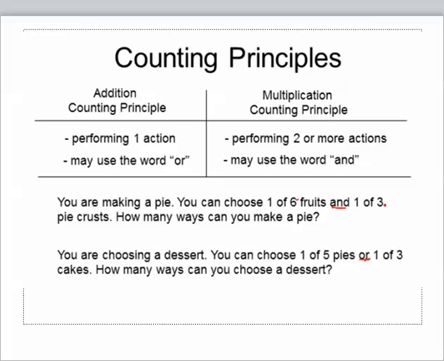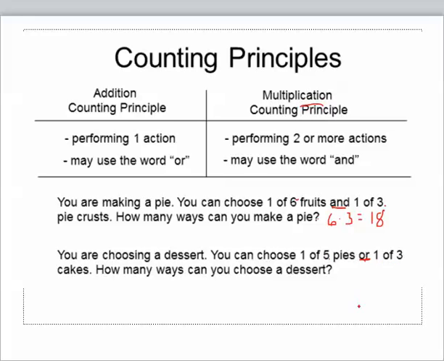Well, how many ways could you make the pie? Well, there's a couple ways of doing this. This one is using the multiplication principle. So you would take 6 times 3 to get 18 different ways of making that. Okay? And this one down here is using the addition principle. So you can choose one of 5 pies or one of 3 cakes.